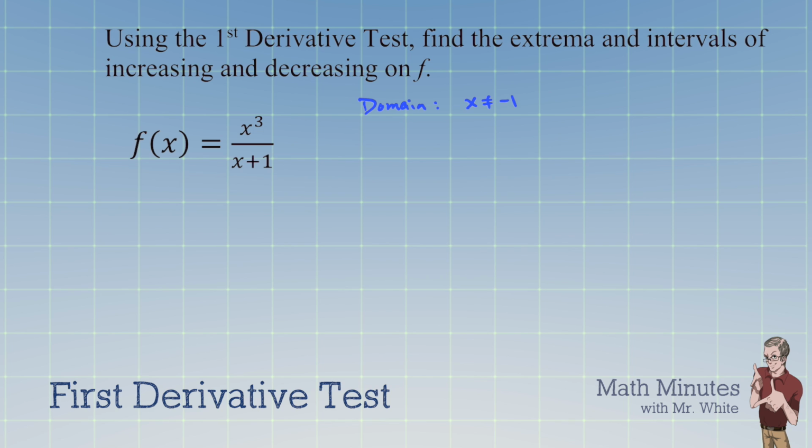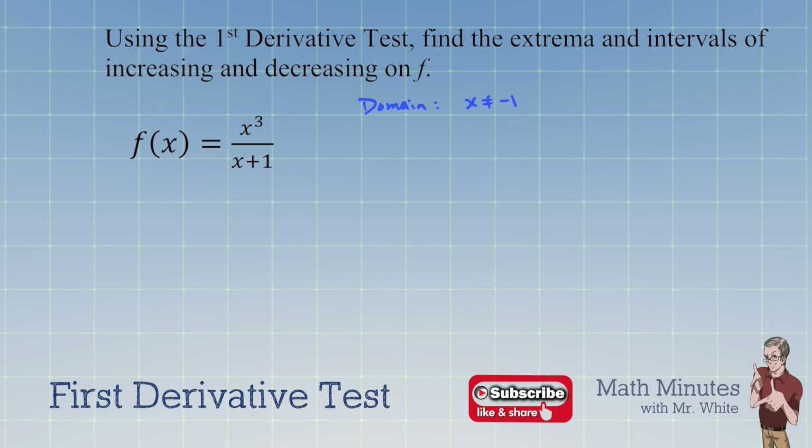And if you remember from pre-calculus, if that same factor is not baked into the numerator somehow, then it's not a hole, it is an asymptote at x equals -1. So that means we're not going to have to worry too much about extrema at that point because the function doesn't even exist there, of course. It's not a corner or a cusp or anything crazy like that. It's an asymptote.